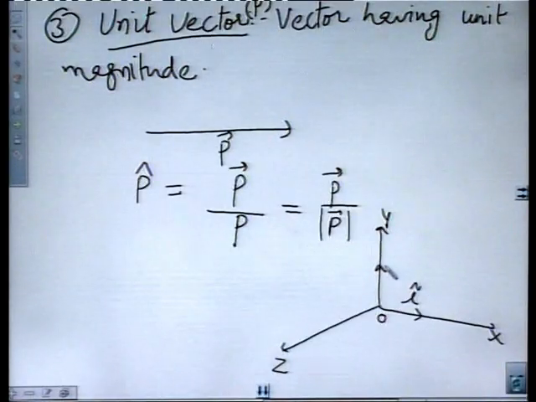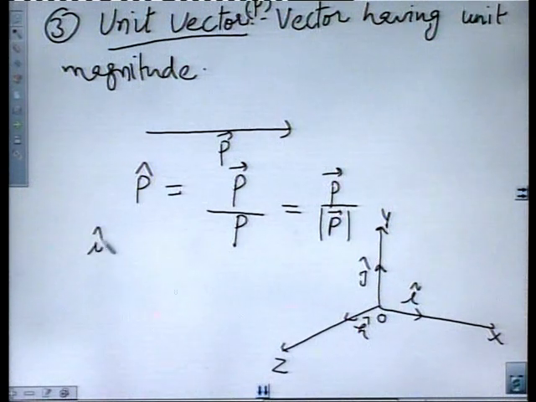In the direction of the y-axis, a unit vector is written as j cap, and along the z-axis the vector is denoted by k cap.